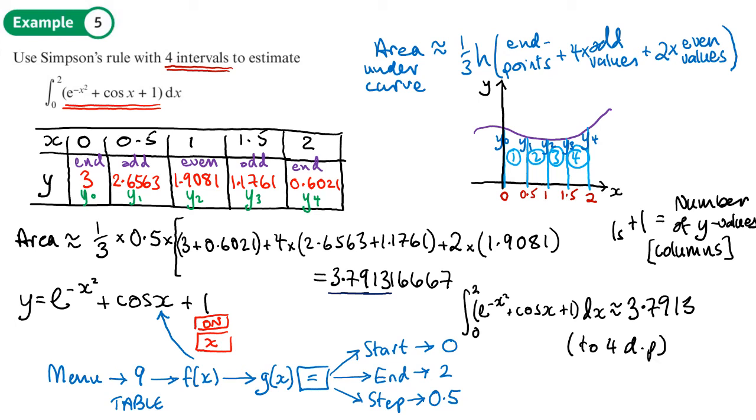So minimum of 3 significance figures, 4 decimal places is fine, because I've written all of these values here to 4 decimal places. So 4 decimal places, any more than that wouldn't really be accurate because I haven't written these values to more than 4 decimal places. So this really is the maximum level of accuracy that I can write it to.